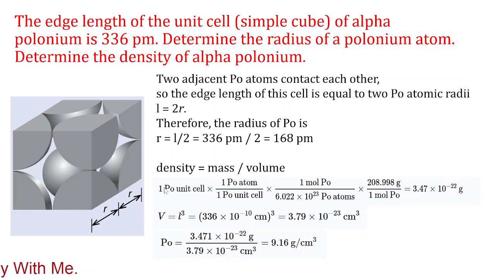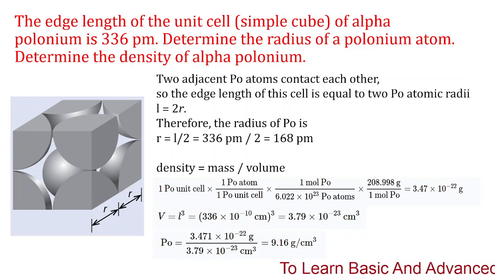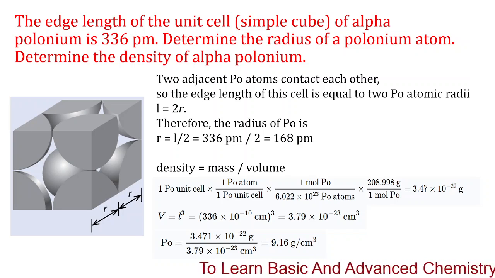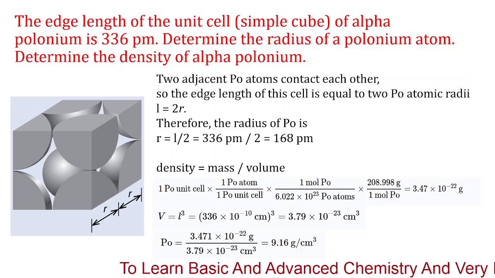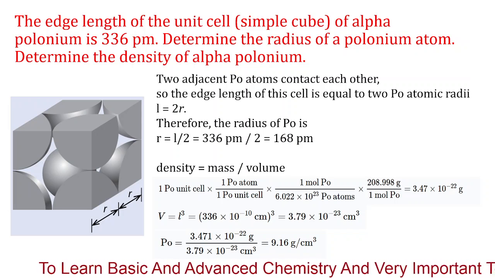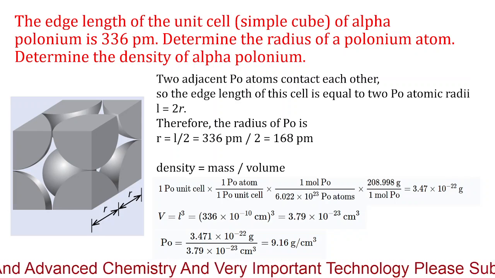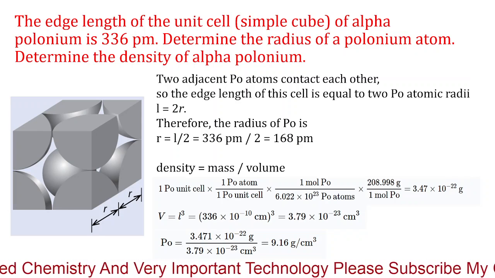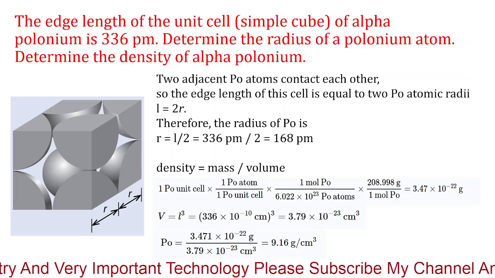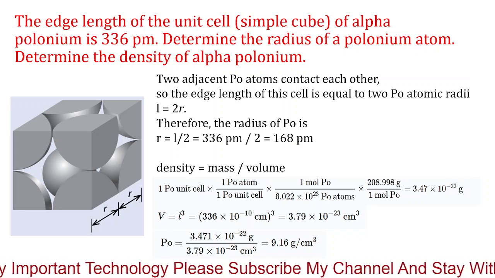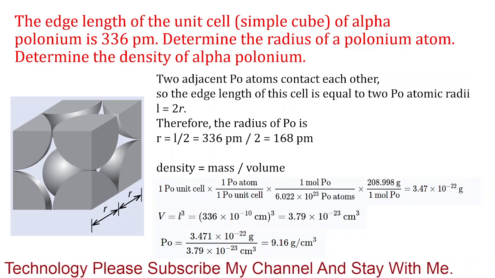Similarly, we have calculated the density. So how can we calculate the density? As already I have mentioned, you are familiar with the term the Avogadro's number, or 1 mole. So for any substance, if you can calculate the mass of one atom, then you can easily calculate the density of that atom in crystal.